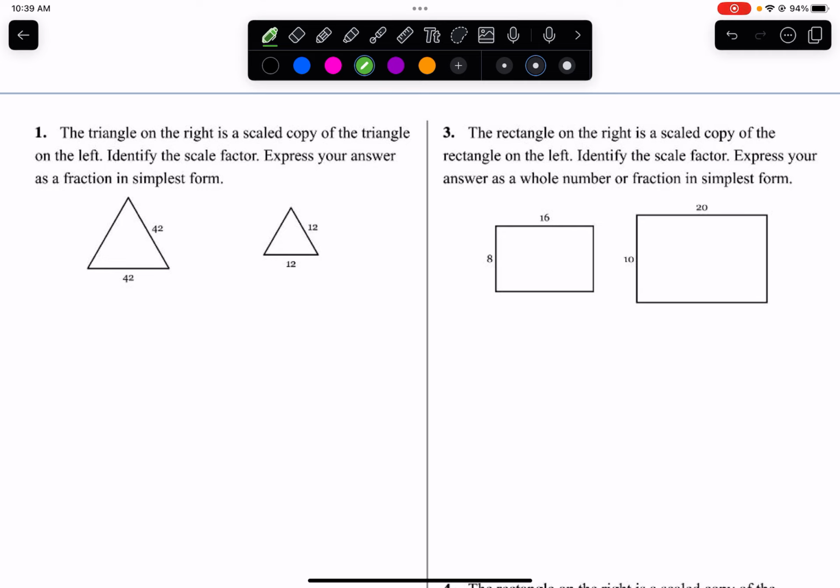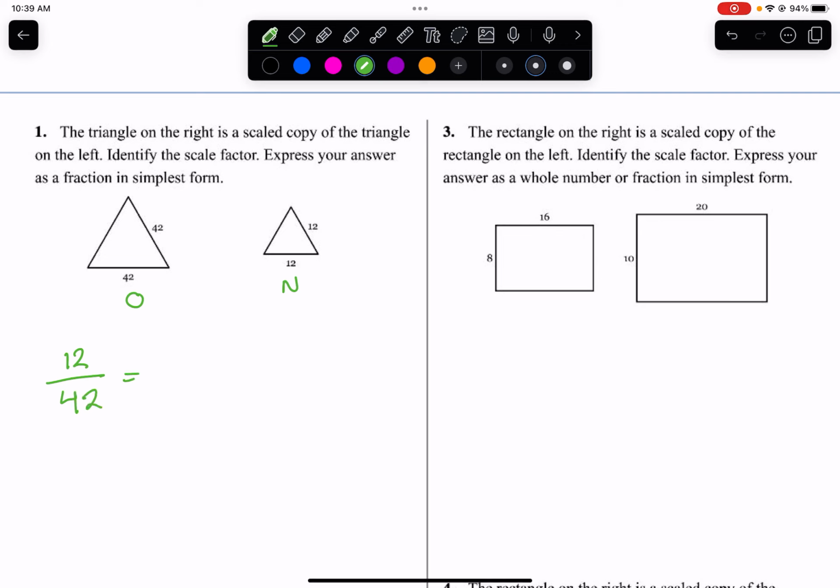If we want to practice finding the scale factor, the triangle on the right is a scaled copy of the triangle on the left. So this is our new, and this is our original. Express your answer as a fraction in simplest form. Here we can see they're both the same. So our new is 12, our original is 42.